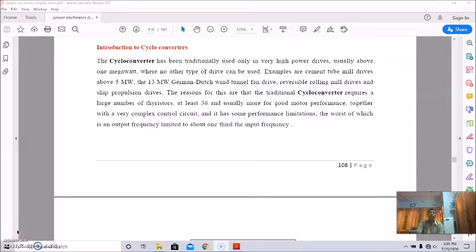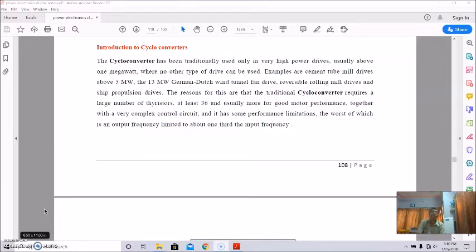Cycloconverters have traditionally been used only in very high power drives, usually above 1 megawatt, where no other type of drive can be used. For example, cement tube mill drives above 5 megawatt, the 13 megawatt German Dutch tunnel fan drive, reversible rolling mill drives, and ship propulsion drives.